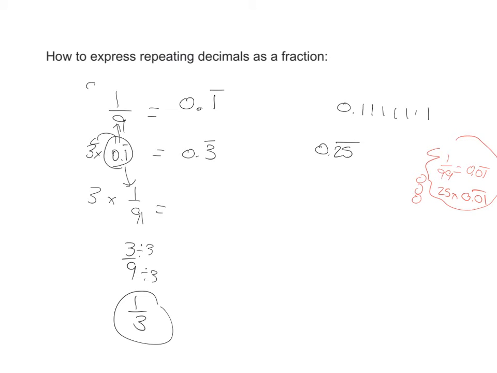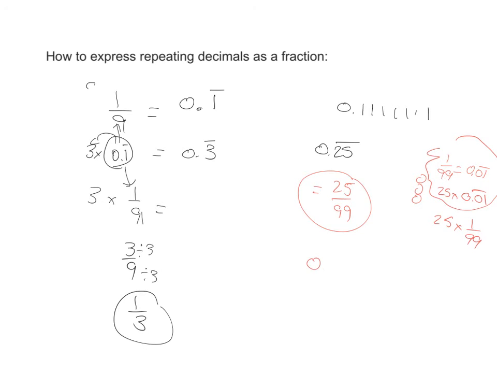So it would be equivalent to 25 times 1/99, which you can see is 25/99. And if you punch this into your calculator, 25 divided by 99, you would get 0.25252525 repeating forever.